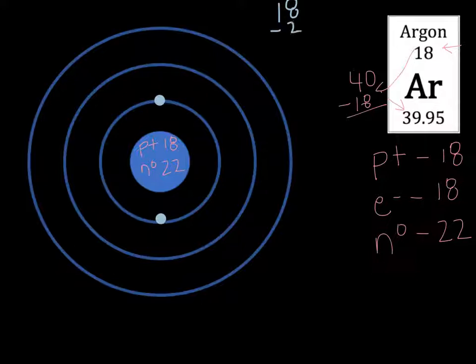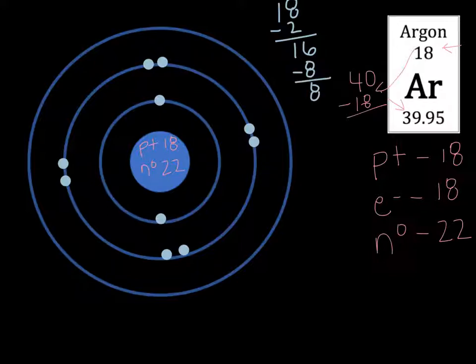So we have 18 minus 2, so we have 16 left. Our second energy level can hold up to 8, and we're going to pair them now. So we have 1, 2, 3, 4, 5, 6, 7, 8. Looking at our numbers here, we subtract that 8 from our original number, and we still have 8 left.